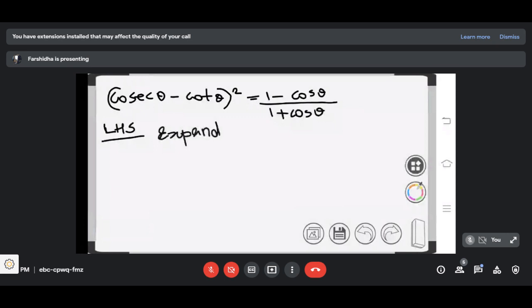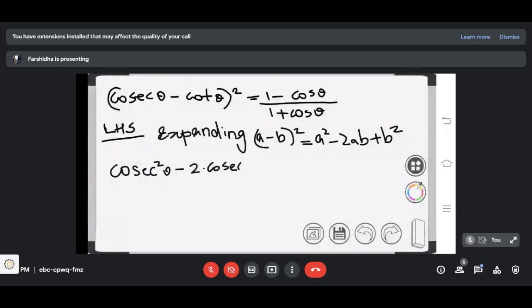Here our a is cosec theta. So cosec square theta minus 2ab, 2 into cosec theta into cot theta, plus b square. B is cot, so cot square theta.